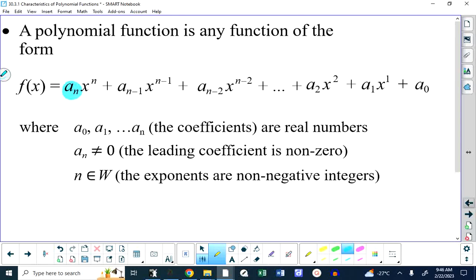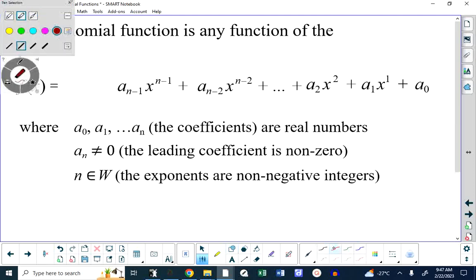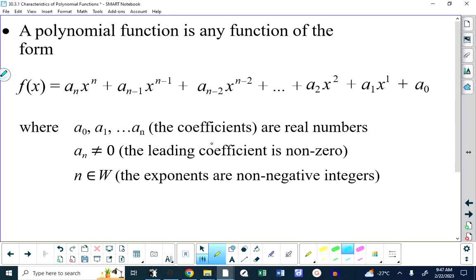This term doesn't even exist. So it's not the leading coefficient. The leading coefficient would be this, and we would call it a sub n. So don't get bogged down into too many details about some of the things that we're talking about here. The leading coefficient can't be 0 because if it is, then it's not the leading coefficient because there's no term there.